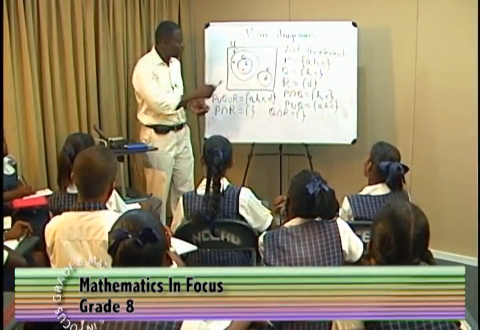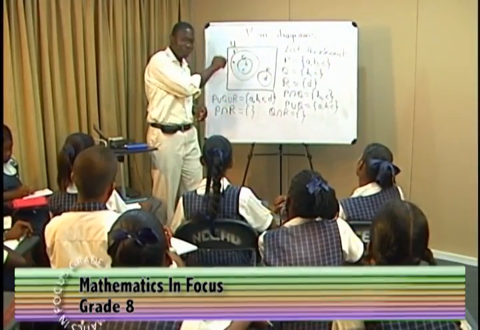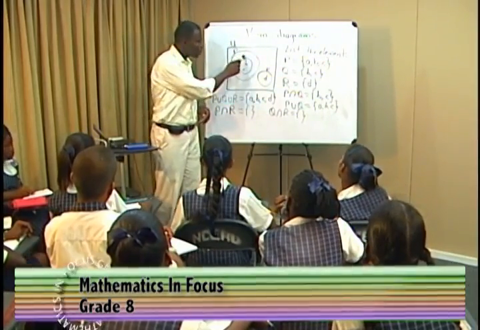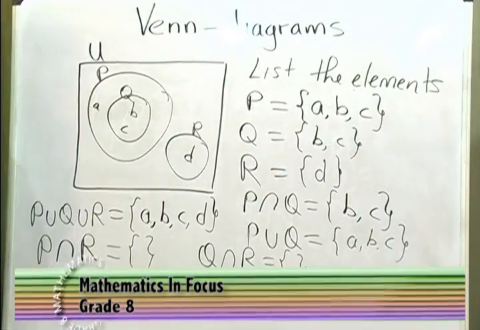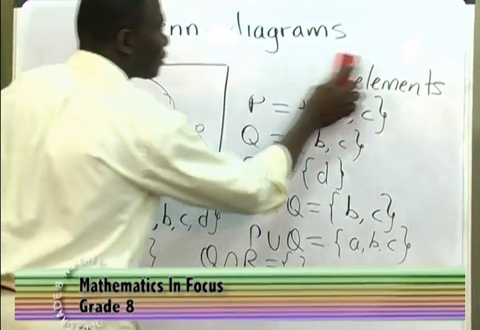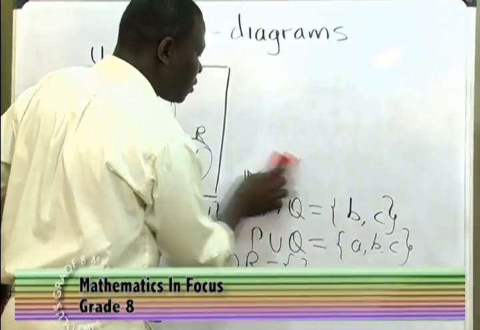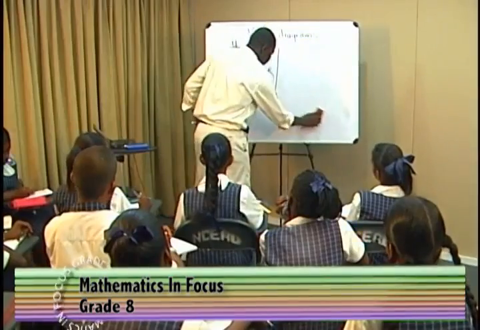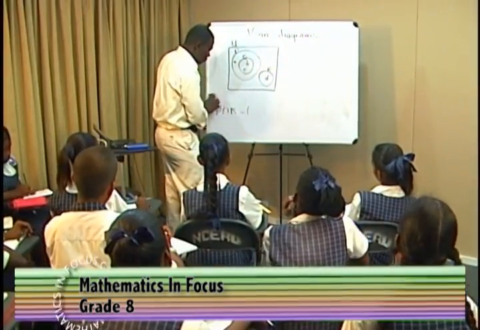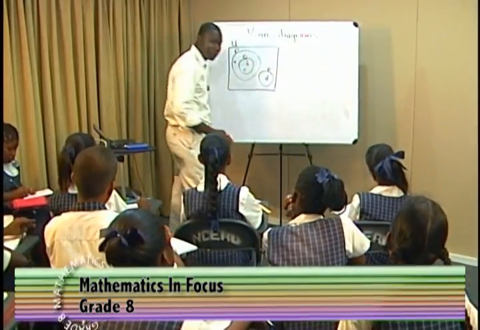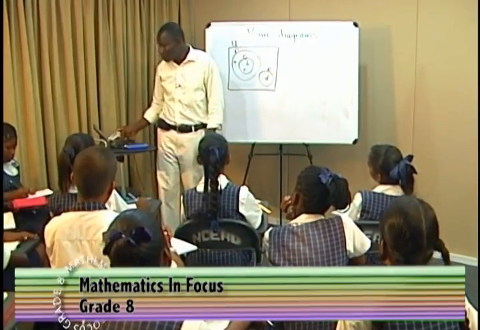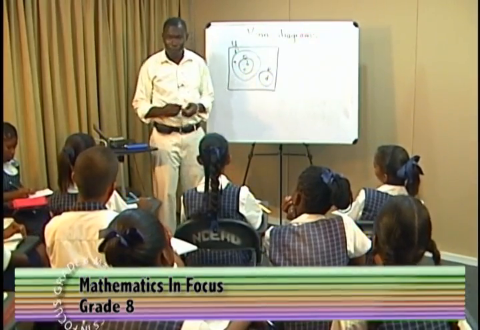If all the elements of Q are also in P, what do we say Q is to P? Begins with S. Subset. Yeah. Are you sure? Yes, sir. So tell me something about a subset. Anyone?